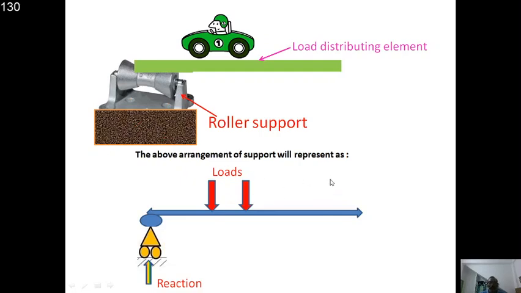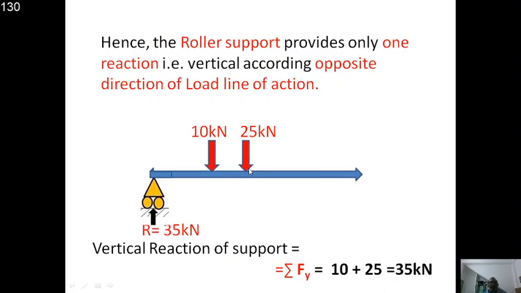This is the representation in engineering mechanics of how the support should be taken care of. It is similar to a simple support case, whatever we did there, and in the same manner we have to solve the problem.